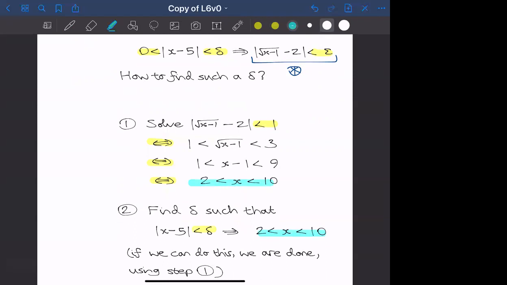So then you can see we want to prove this up here, that if the left-hand side is true, then star must be true. So if we can prove that if this is true, so in step 2, if that is true, then x is in the interval 2 to 10, then by step 1, star has to be true. So we can divide the problem into these 2 steps.